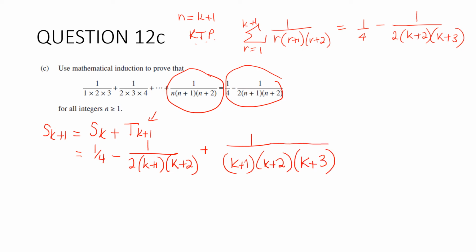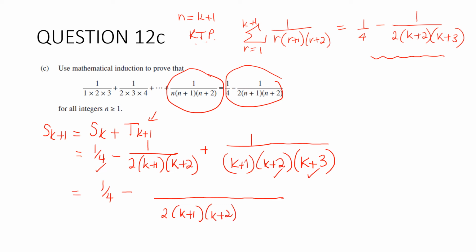Alright, now let's have a look at where we want to get to. We want a k plus 2 and a k plus 3 in the denominator, and the quarter can stay by itself. So let's try and join this together with a common denominator. I'm going to have to watch these negatives here. It's a minus. Alright, let's just do a common denominator. We're going to get 2, k plus 1, k plus 2, k plus 3. Okay, so this one here needs a k plus 3.